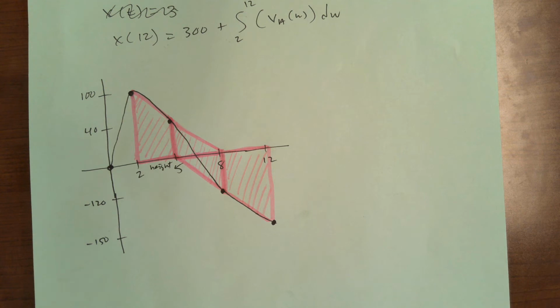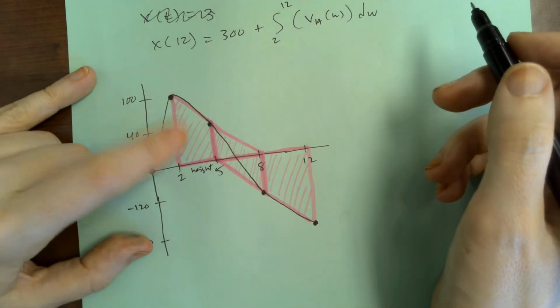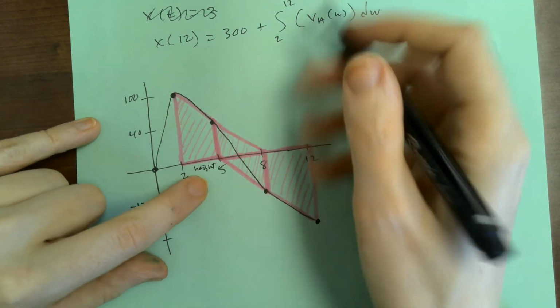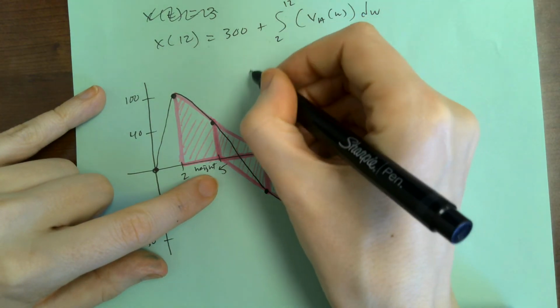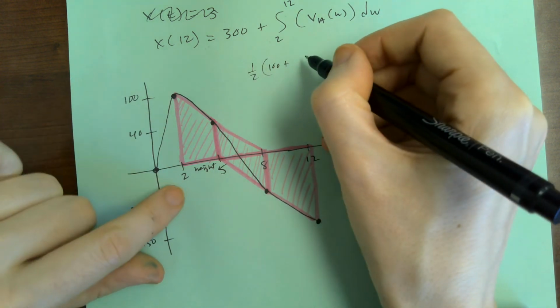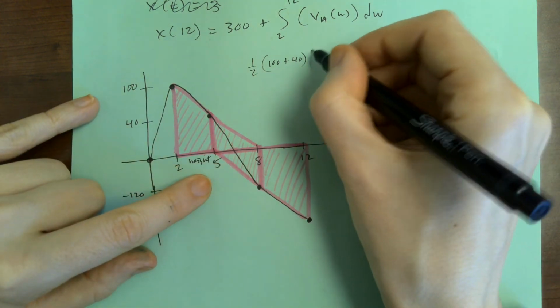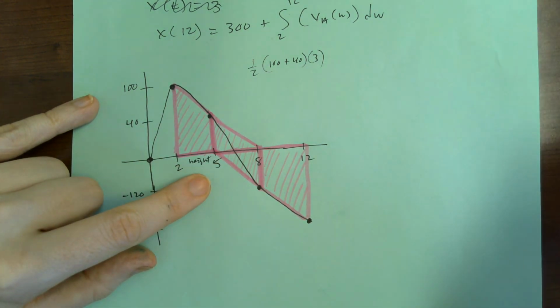It's a trapezoid where the bases are equal length. So for this first trapezoid, it's 1/2, base 1 is 100, plus base 2 is 40, and then the height for that one is 3.